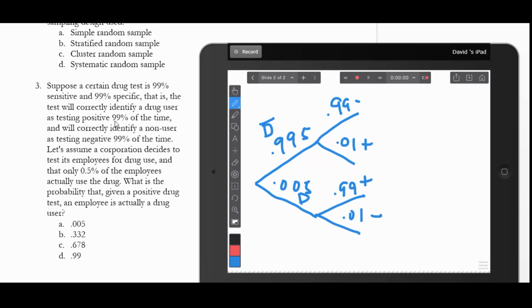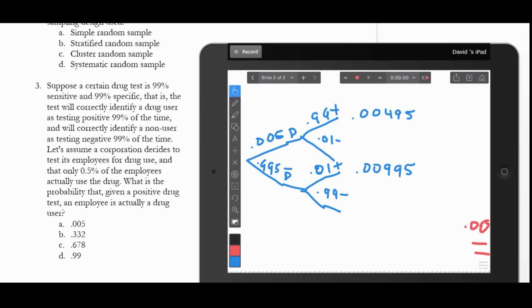So now what we're saying is they have a positive test. So we're down to they didn't take a drug and they have a positive, and they did take a drug and they have a positive. And we can multiply across and get these probabilities. So again, we have a drug use rate of 0.005, and that, if it's right, will lead to a positive test, and it does that 99% of the time.